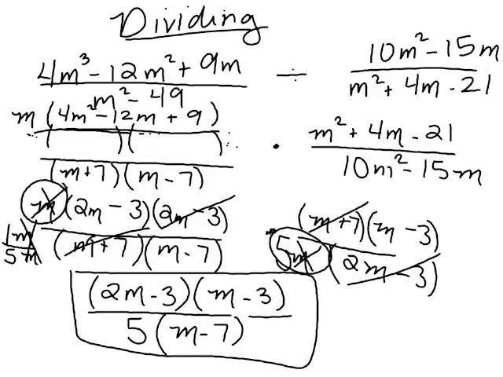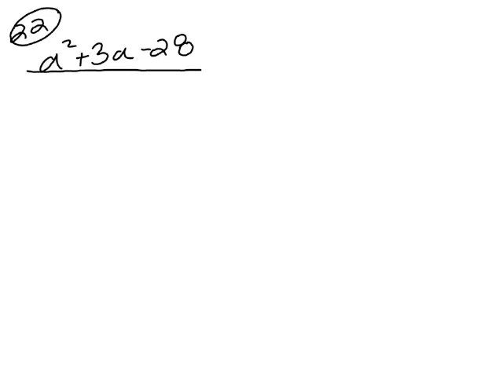Okay, so let's do some in the homework and review that concept then of dividing. Let's skip over to page 117. We're going to start on 22. 22 is a squared plus 3a minus 28 on top, and a squared plus 5a minus 14 on bottom.